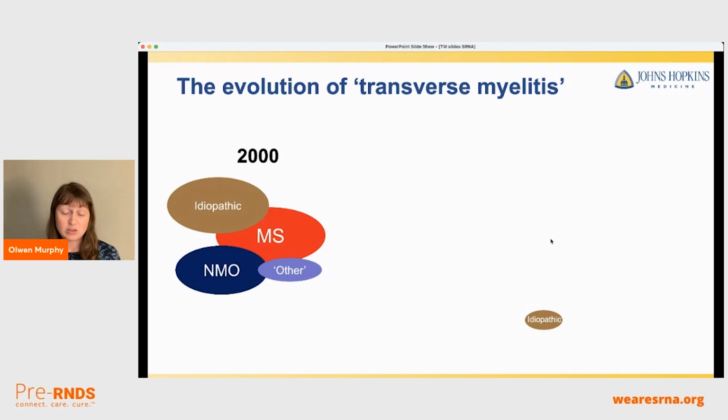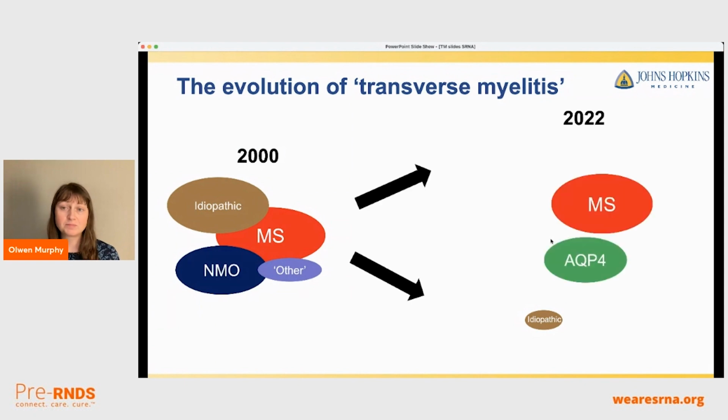And many patients who presented with spinal cord problems were labeled as idiopathic transverse myelitis without a real understanding of what that condition was. There was some knowledge about specific causes of spinal cord disorders such as multiple sclerosis, neuromyelitis optica, and some other rare conditions. But things have really evolved a lot in the last 20-25 years.